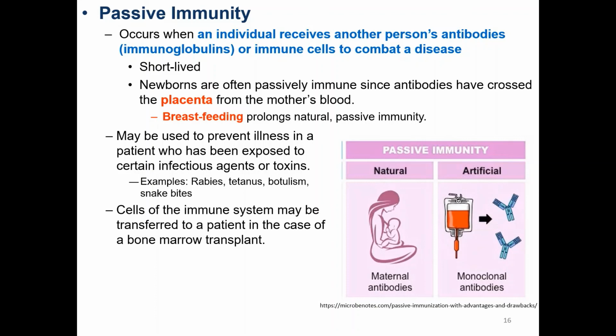Meanwhile, artificial passive immunity involves the creation of monoclonal antibodies against certain diseases or infectious agents, and this passive immunity is usually short-lived, and it needs to be introduced whenever the disease or infection comes again.